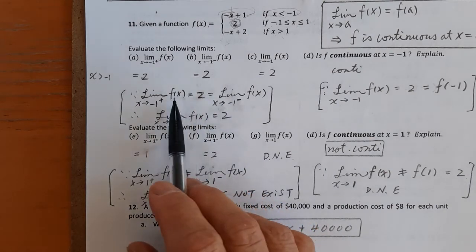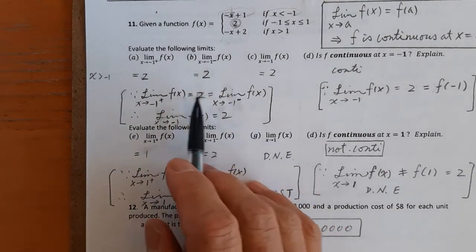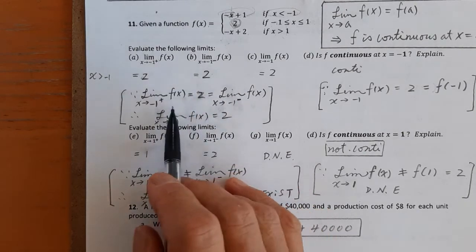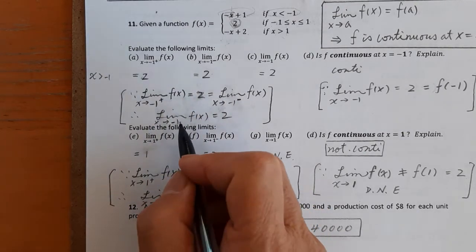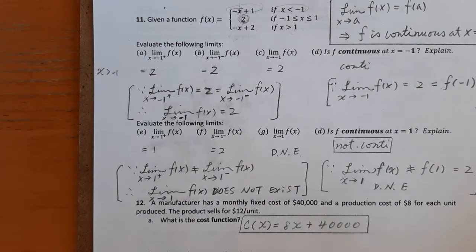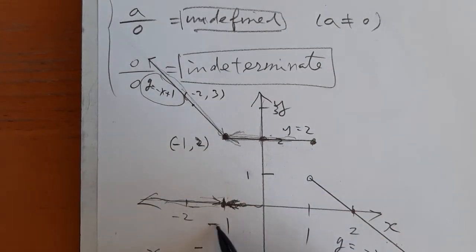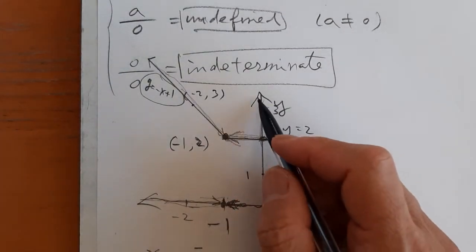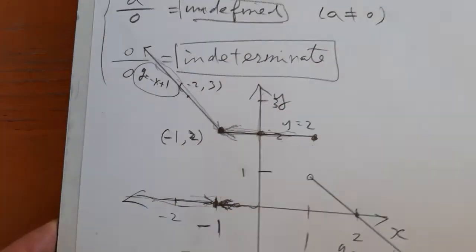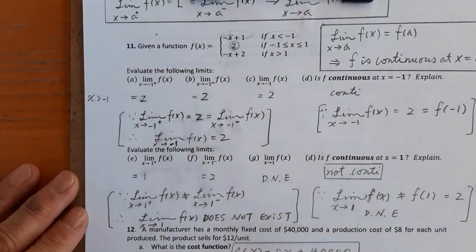Since the two limits are equal, you can say the limit as x approaches -1 equals 2.